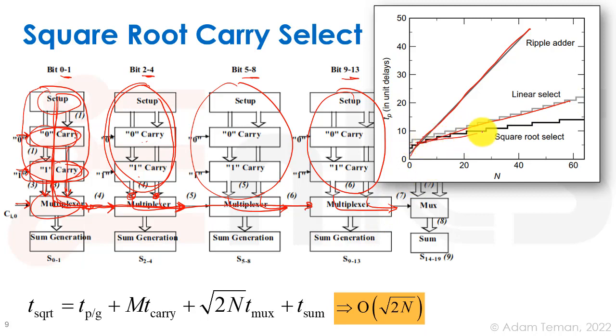With the square root carry select, we get an even better gradient, and if we have a large adder, we get better propagation delay through it. So that's another cool thing. Finally, we have the carry look ahead adder, which we'll show in a few minutes, which really gives us a logarithmic type of improvement in timing.